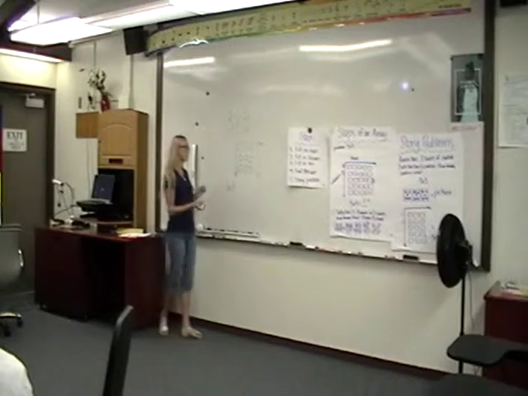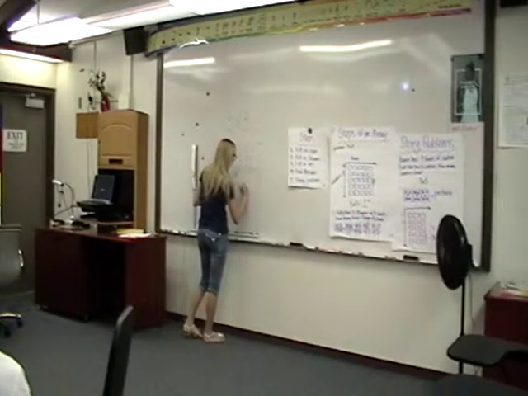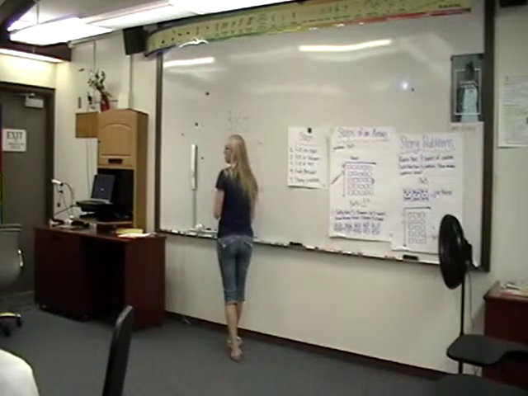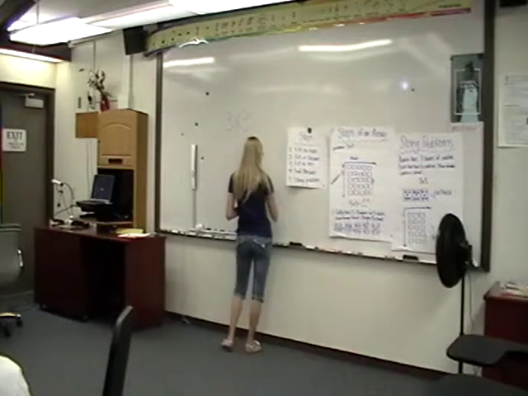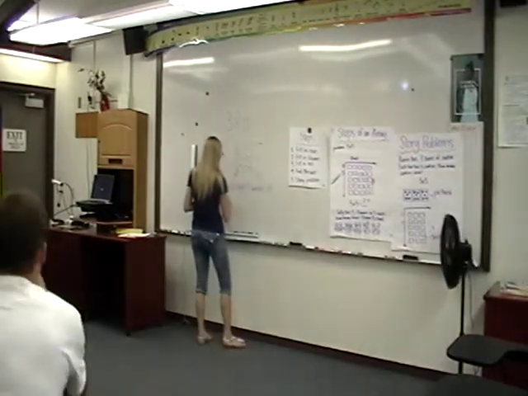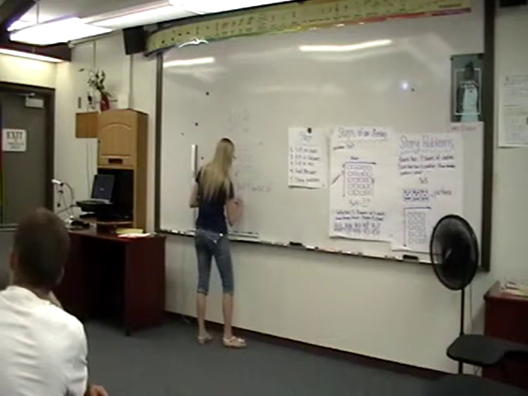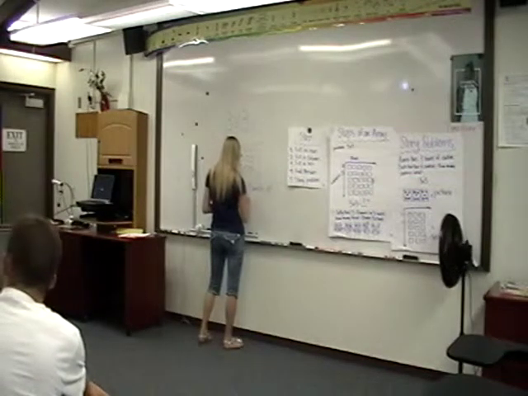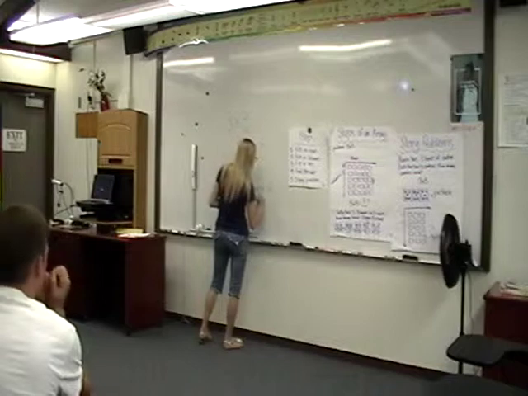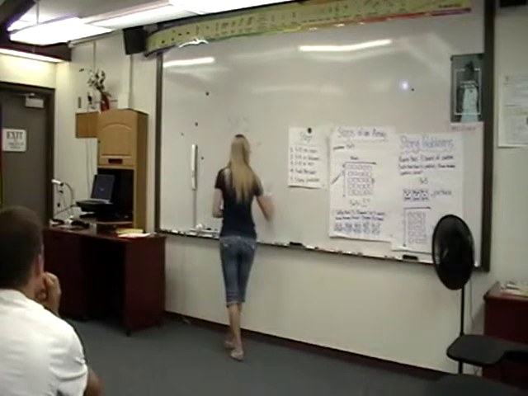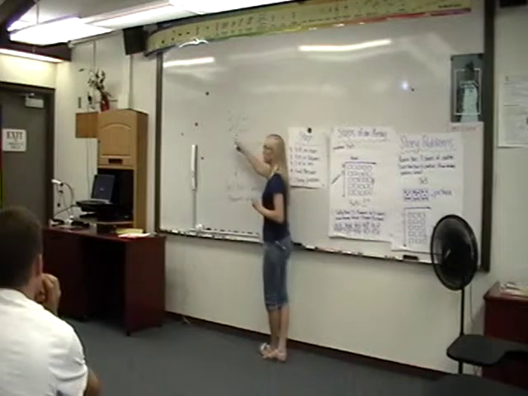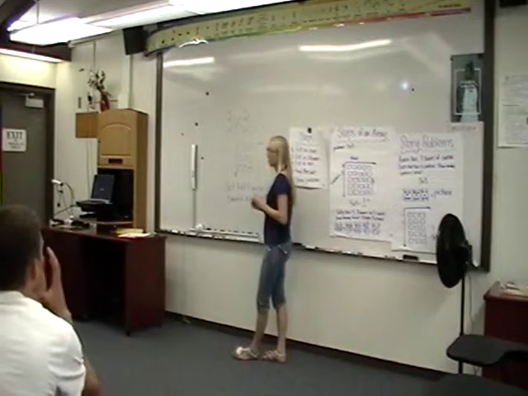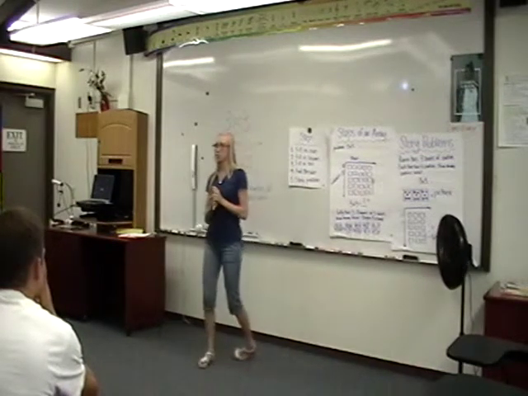Jack had 3 bunches of 3 bananas. 3 bananas in each bunch. Lunch works. 3 lunches of 3 bananas. Okay, so you came up with a story problem to match the 3 times 3. And what would your answer be? 9. Very good. Are there any questions of this?